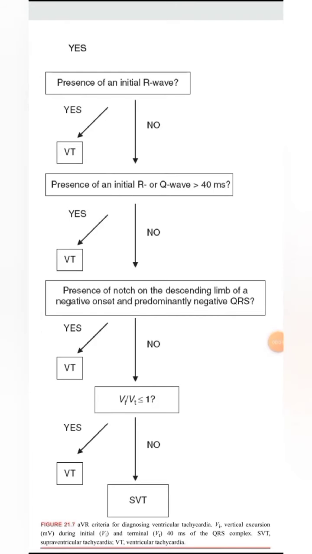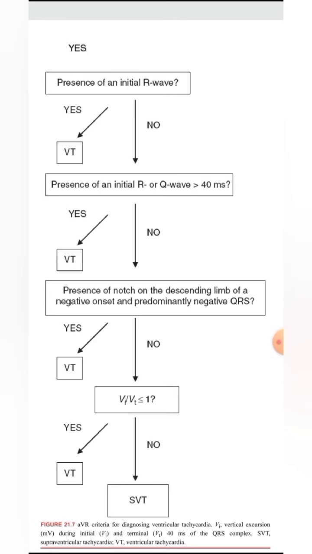There is another criterion to differentiate VT from SVT with aberrancy, that is called the aVR criteria. So just focus on lead aVR, and if there is a presence of an initial R wave in lead aVR, then it's VT. If not, then we look for the presence of an initial R or Q wave. If any one of them is more than 40 milliseconds, it's ventricular tachycardia, and if it's not, then we look for the presence of a notch on the descending limb of a negative onset and predominantly negative QRS.